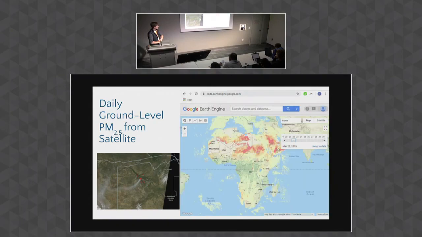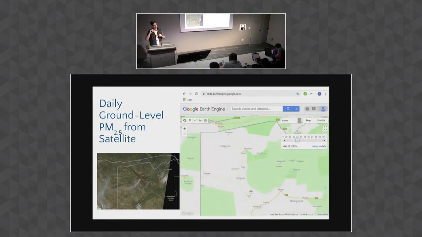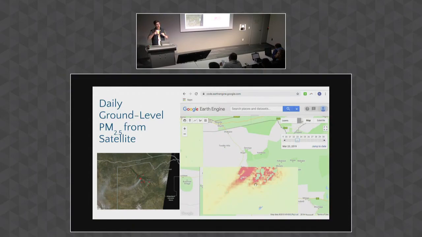The last thing that I'll touch on is we also have tried fusing in the surface level data and producing a fused product using both the satellite observations and the monitors. Unfortunately, there are very few locations where you have monitors close enough that you could validate between the two.